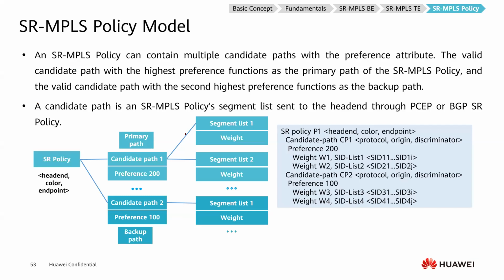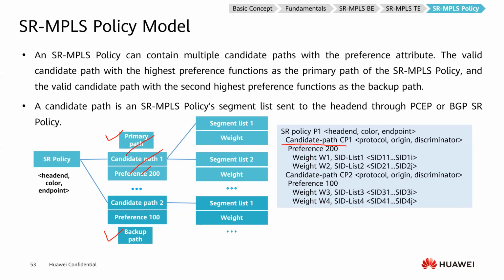And for the SR-MPLS policy, we have a model like this. First, we have a primary path and a backup path, which means for the SR policy we can use two paths. One is active, another will be standby. If this one is failed, I will directly switch to the backup. We call each of these a CP, candidate path.